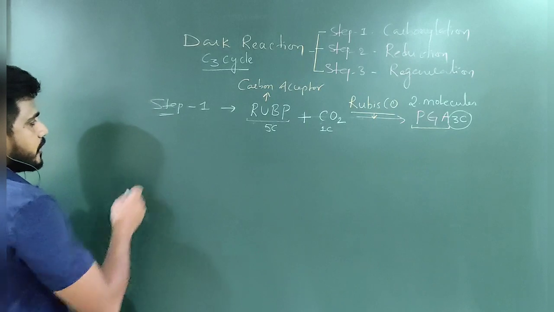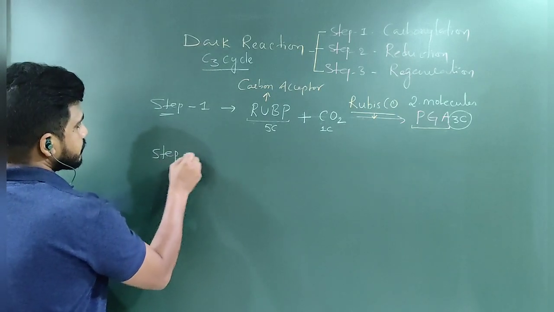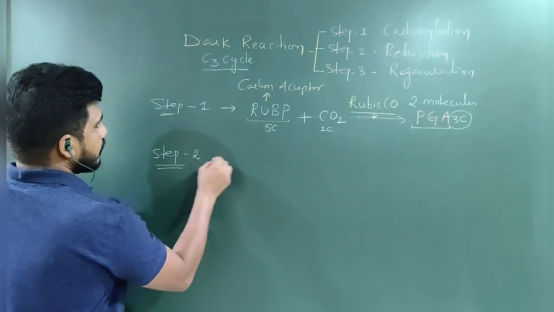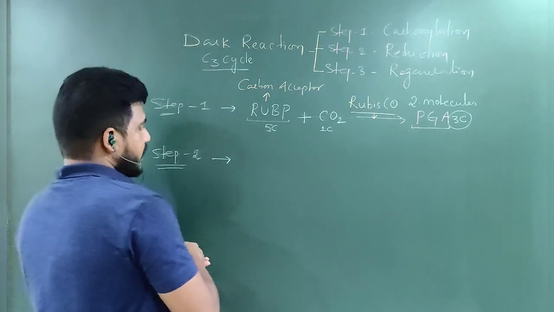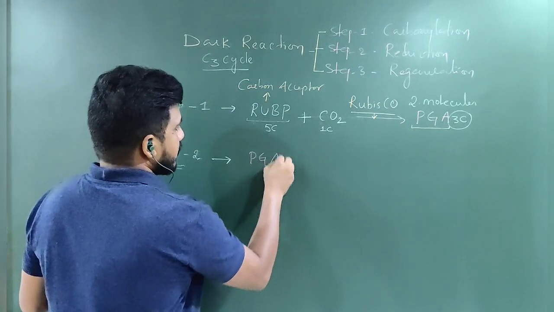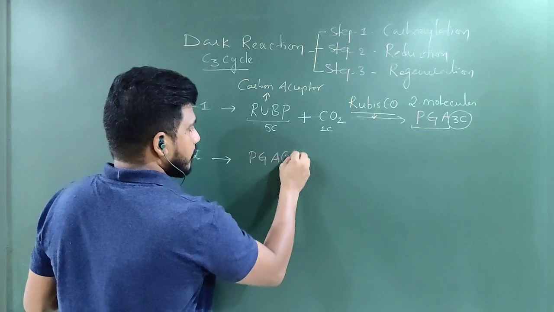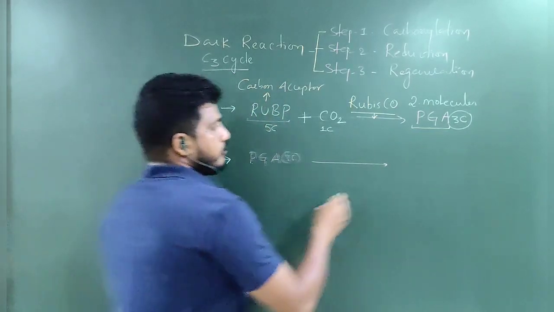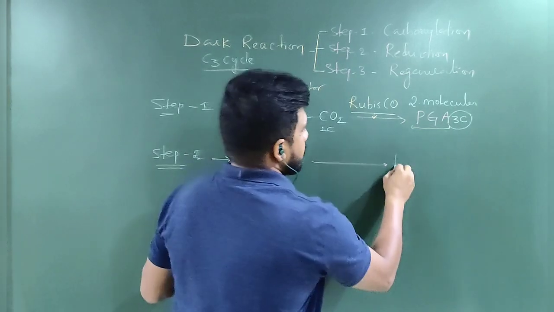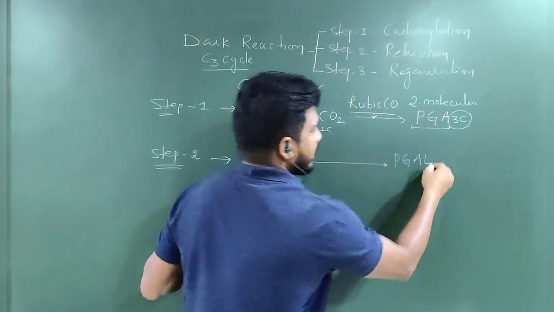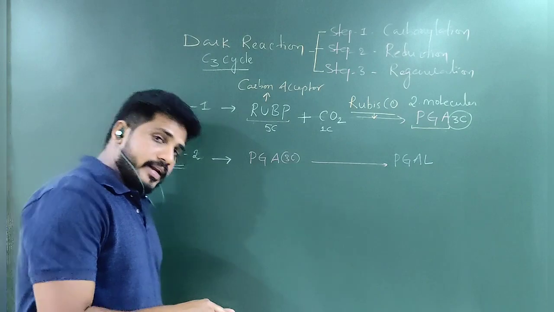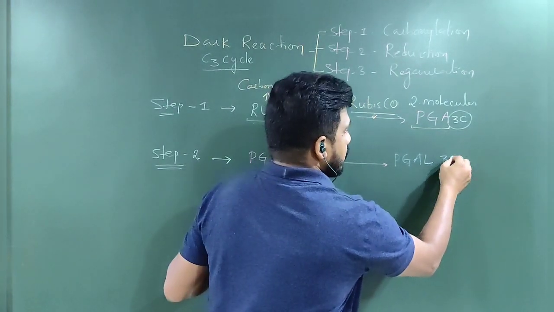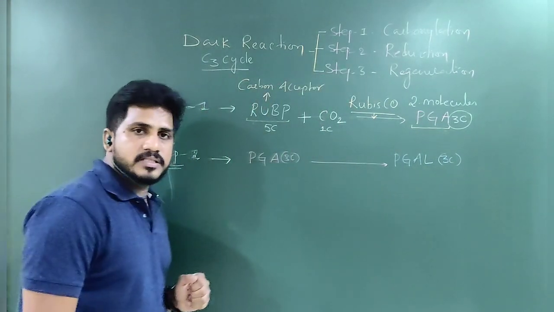Now in step 2, what is happening? This PGA, phosphoglyceric acid, a 3 carbon component, becomes phosphoglyceraldehyde. Phosphoglyceraldehyde is also a 3 carbon component, isn't it?